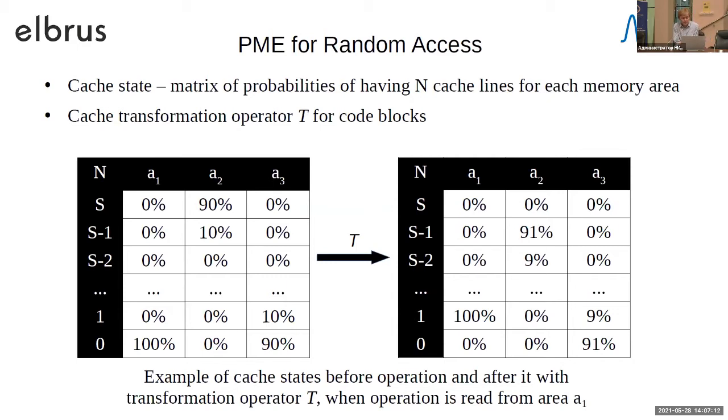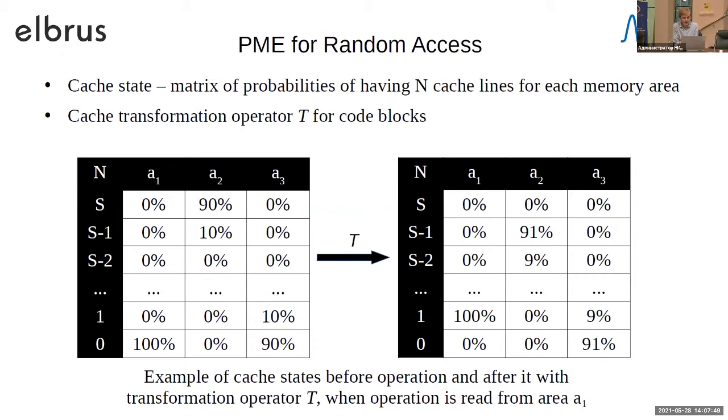And almost all of the cache is with A2 memory, and maybe one cache line is from A3. And for every code operation and for every code block, we can make a transformation operator, which describes the change in the cache state for this operation or block.